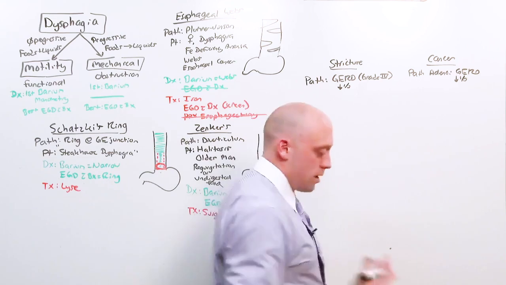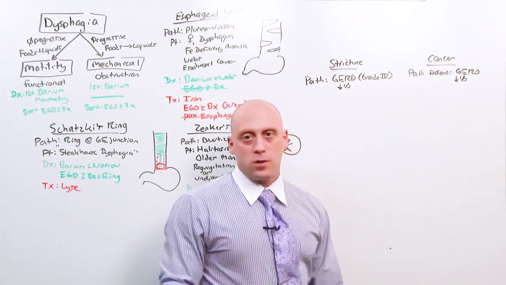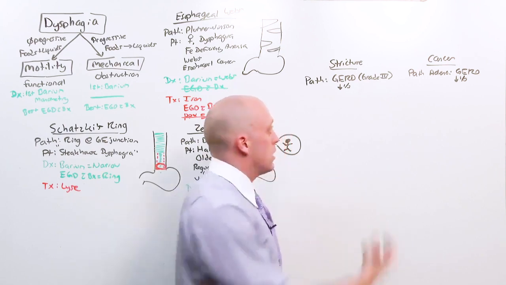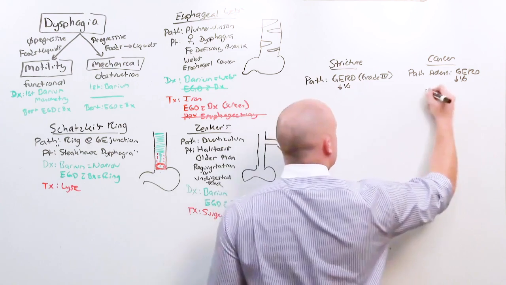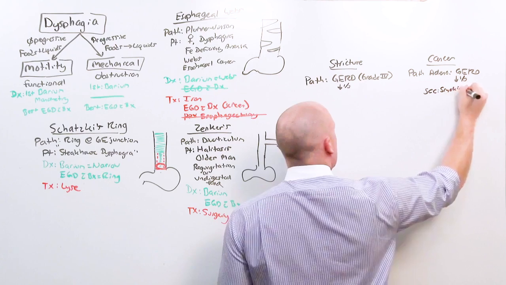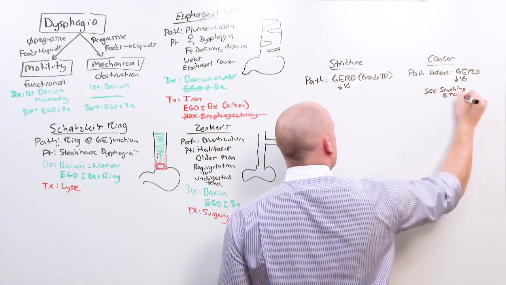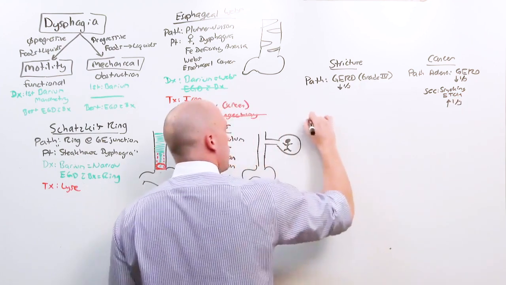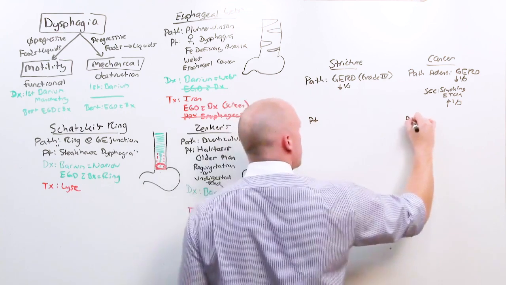That makes sense. The acid is coming up from the stomach, so all the damage is going to be done to the distal esophagus. I want you to keep in the back of your mind, another type of cancer, squamous cell, is caused by smoking and alcohol, and that is going to be in the upper third of the esophagus.